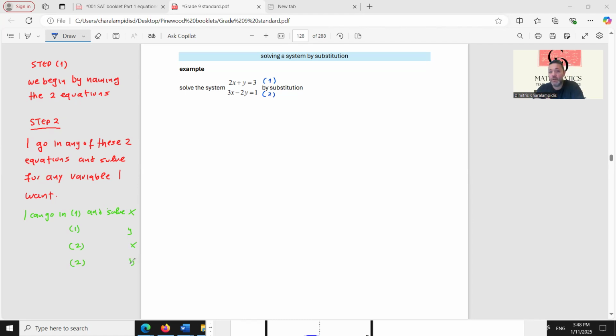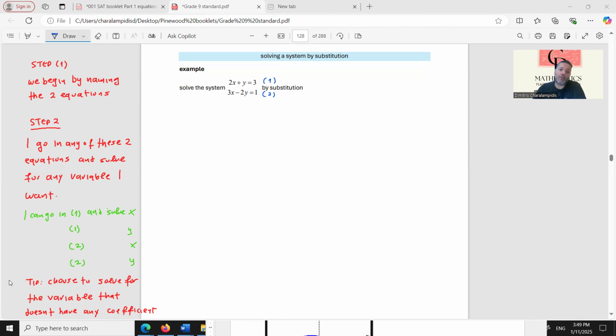But as a tip, choose to solve for the variable that doesn't have any coefficient. In our case, that would be the variable y in the first equation.